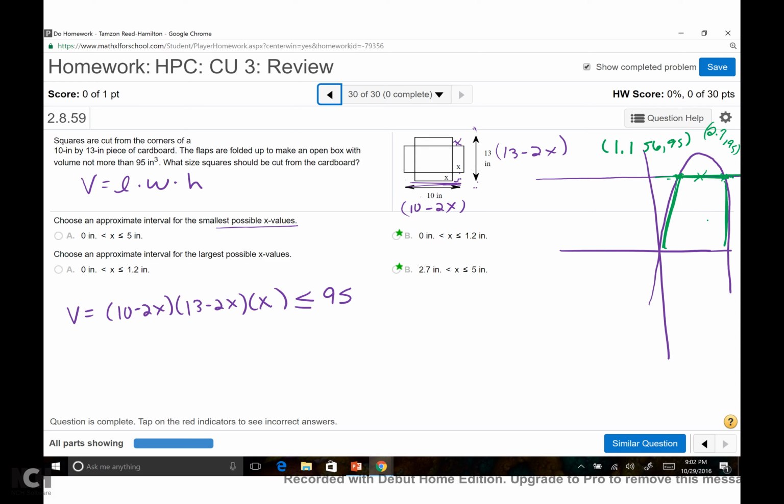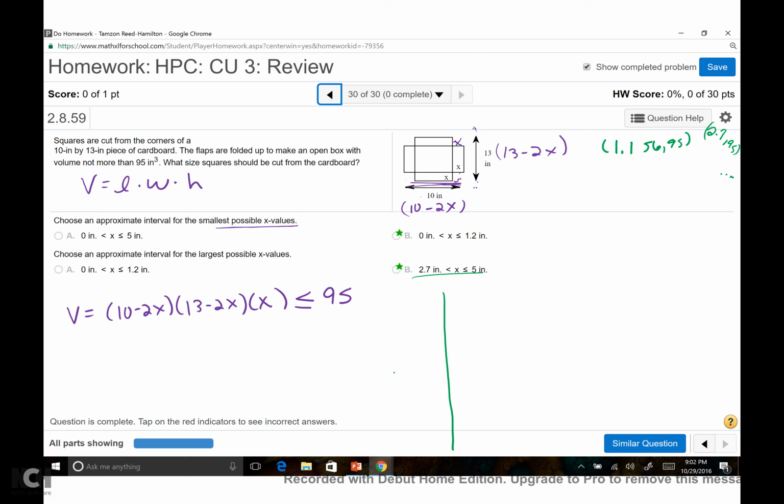Hold on. Let me change my window here a little bit. Well, son of a gun, see what I get? Alright, so it's a good thing I can see the answers, because I'm going, where is that coming from? Okay, Smarty Pants, your teacher thought that going out to 5 would be good enough.